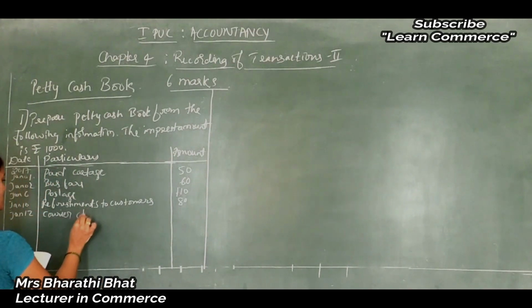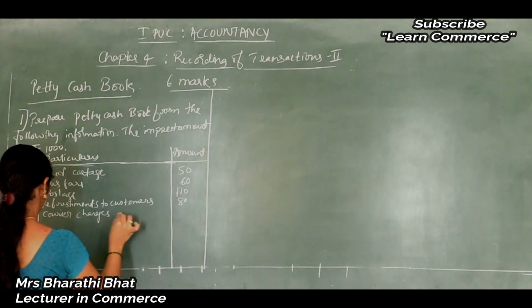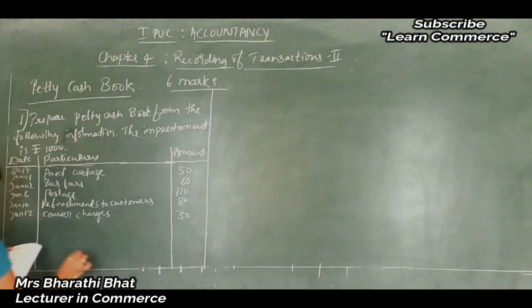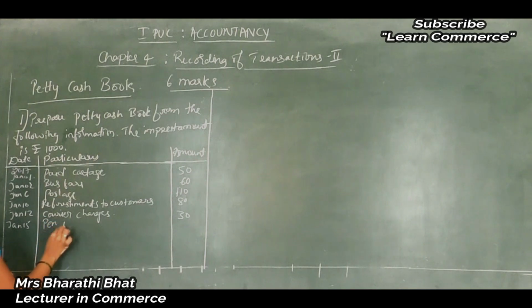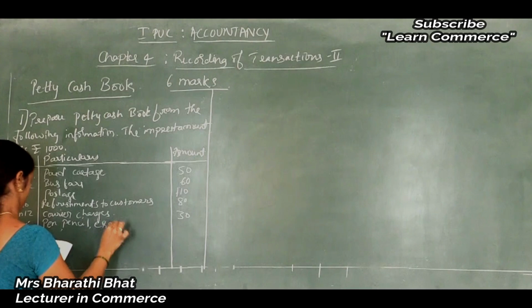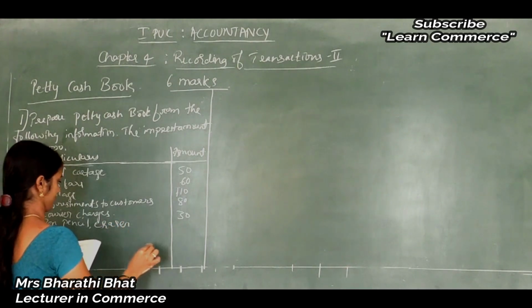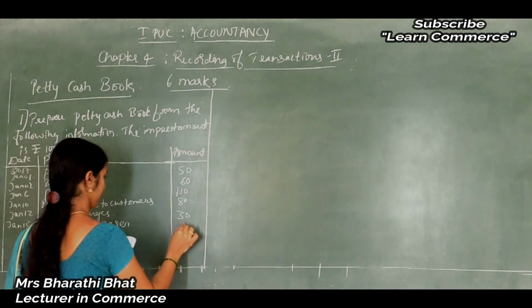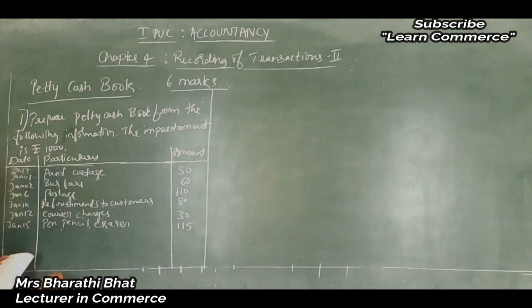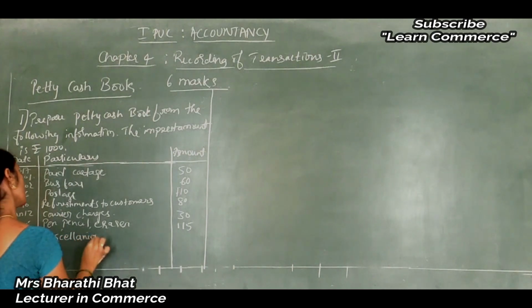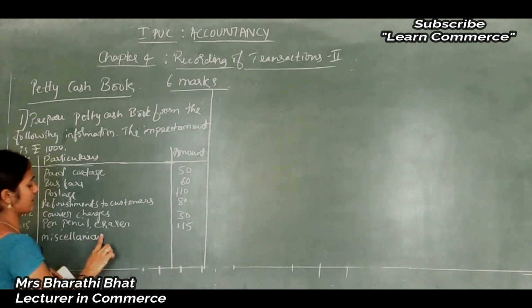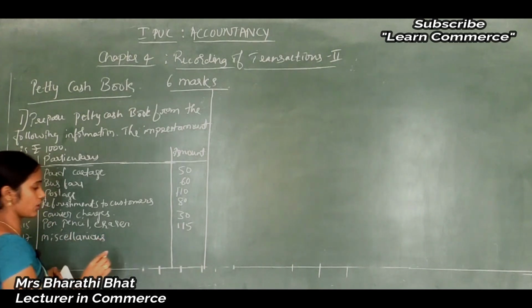So refreshment to customers 80. And courier charges 30 rupees. And Jan 15, pen, pencil, eraser, amount 115. And next one, Jan 17, miscellaneous expenses. Direct information is given, so just write the miscellaneous amount in the miscellaneous column.